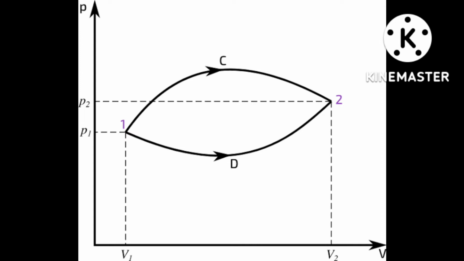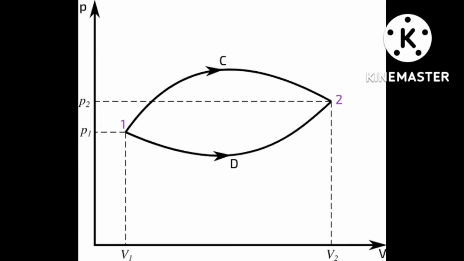In both cases, compression is just like someone giving you a gift of money, your money will increase. Similarly in compression, internal energy increases. When due to the external force it is going down, compression, that's why internal energy will increase.